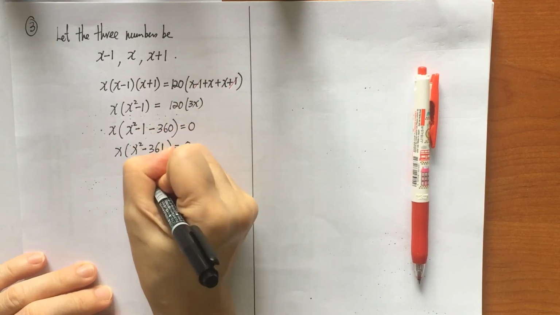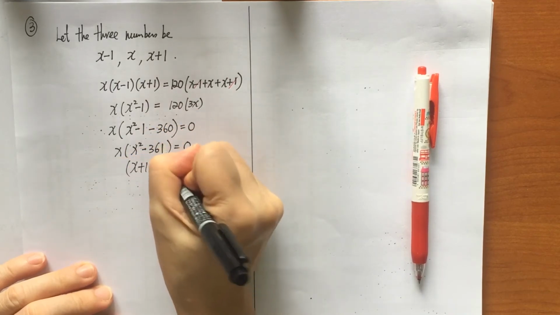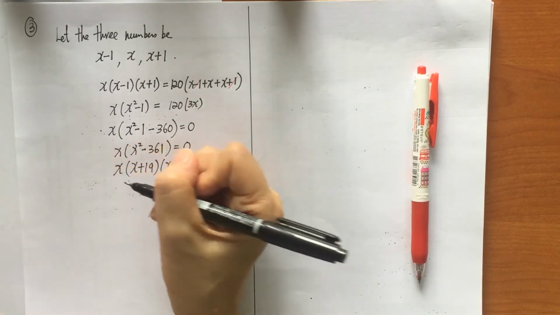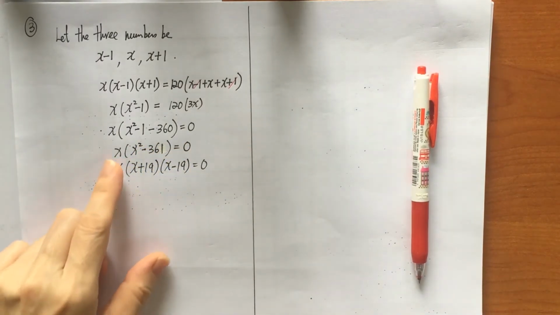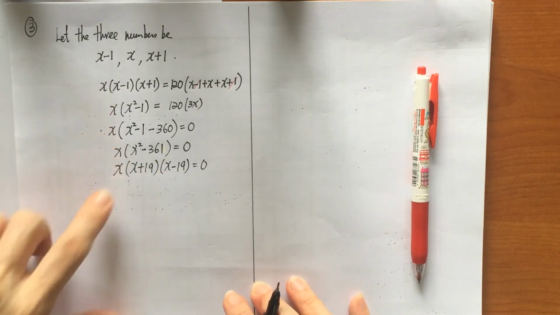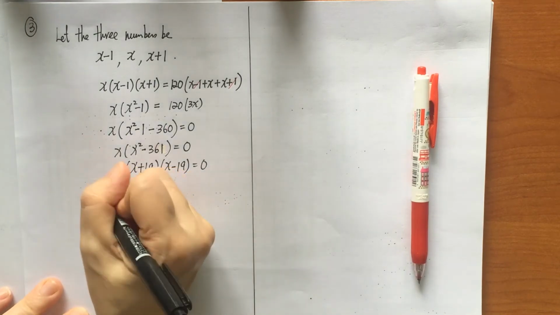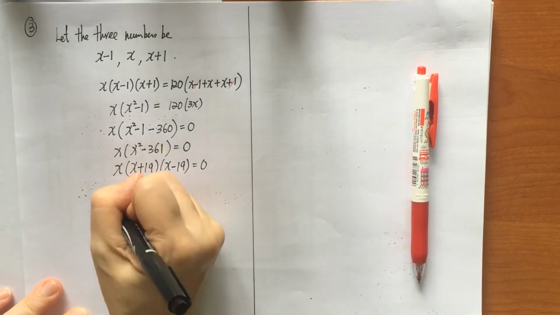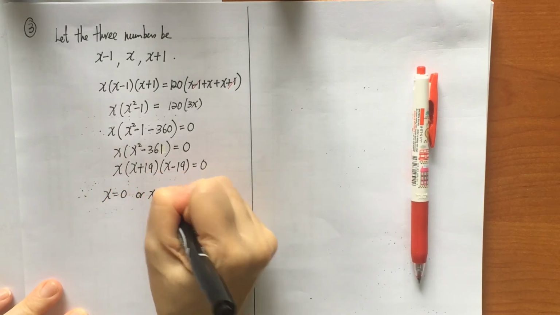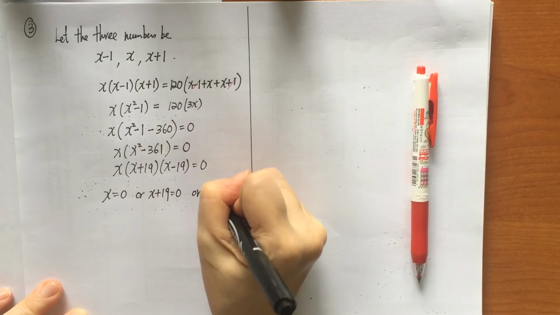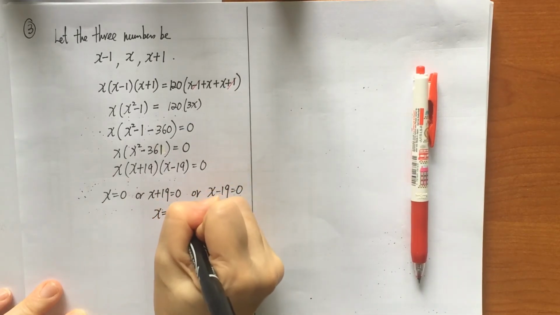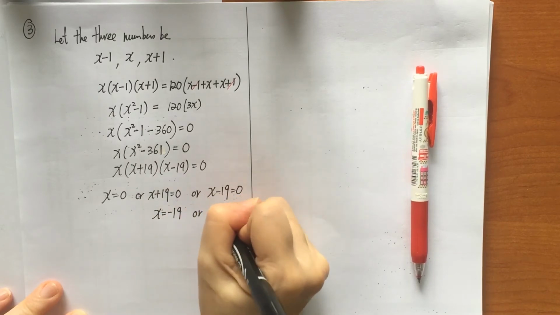So I can put it to be x plus 19, and then x minus 19 equals to 0. Okay, so I'm solving a cubic equation, but the cubic equation look like a quadratic because my x is all the way outside. Okay, so therefore, I have either x is 0, or x plus 19 is 0, or x minus 19 is 0. So x is either negative 19 or x equals to 19.